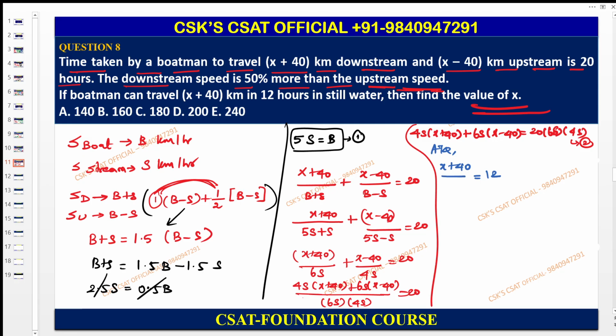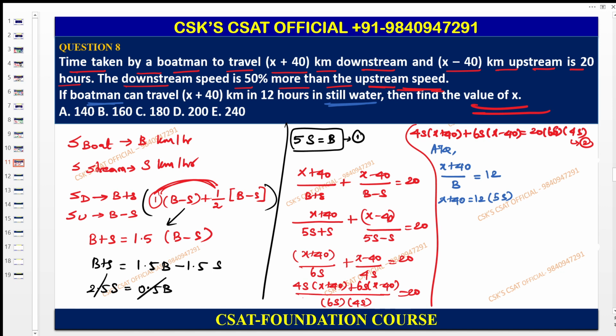Now you can take that LCM as it is. Don't take it as 24, etc. Without cancelling, you can take it like that. 6s and 4s, just cross multiply. 4s into x plus 40, here 6s into x minus 40, which is equal to 20.